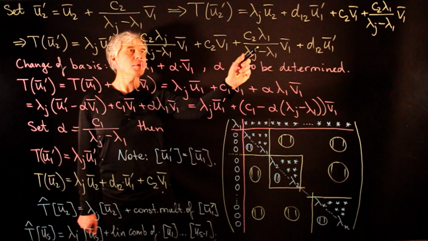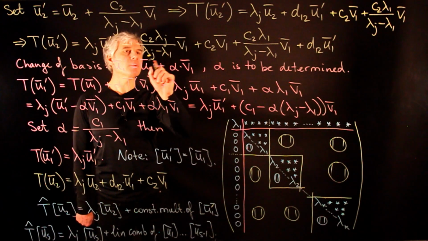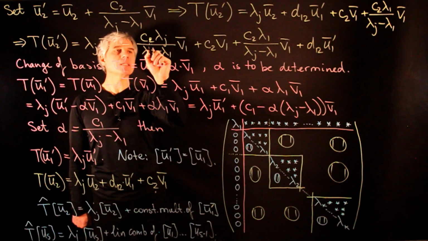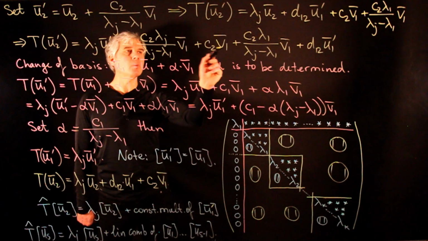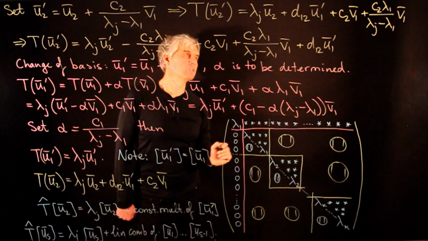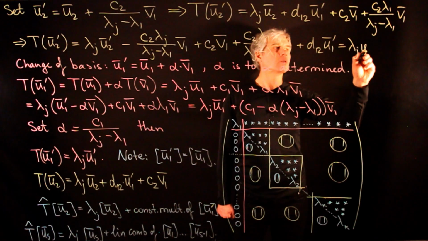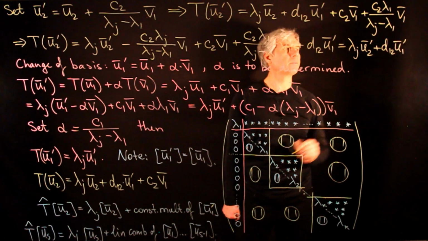Now we see that if we combine these terms, then the denominator lambda j minus lambda 1 will cancel out, and we're going to get minus c2 times v1. So all the terms with v1 will disappear. And we are just going to get lambda j u2 prime plus d12 u1 prime.